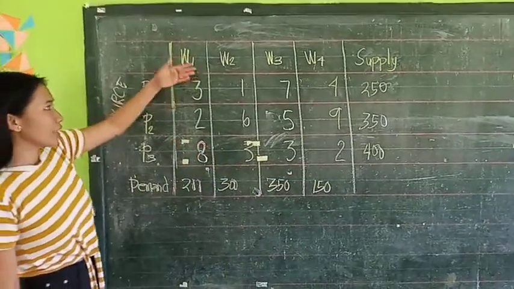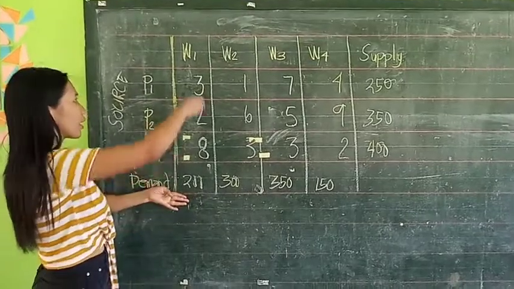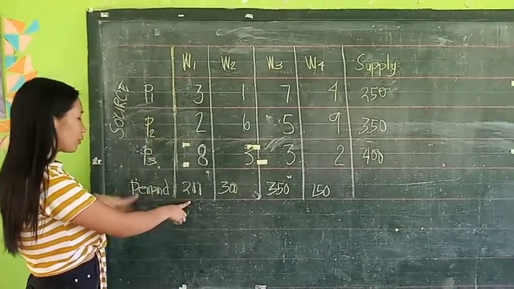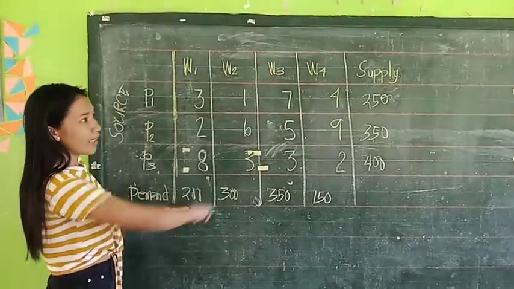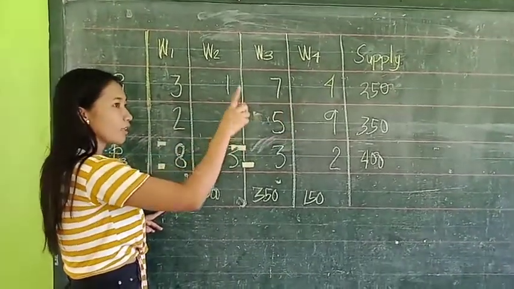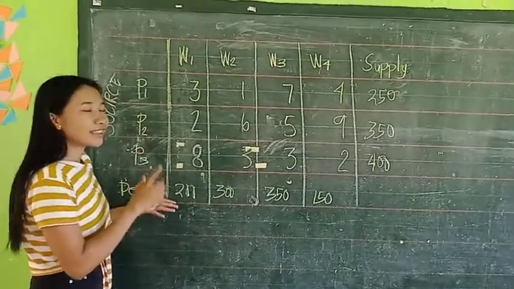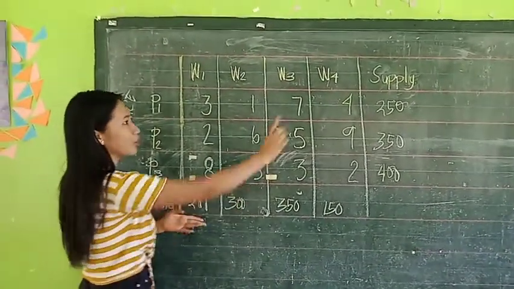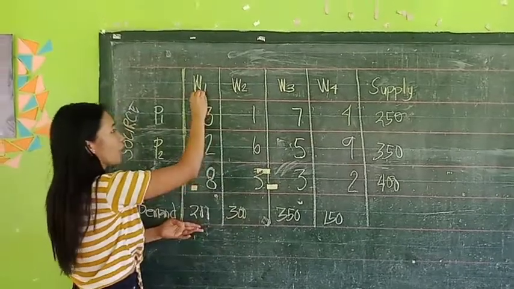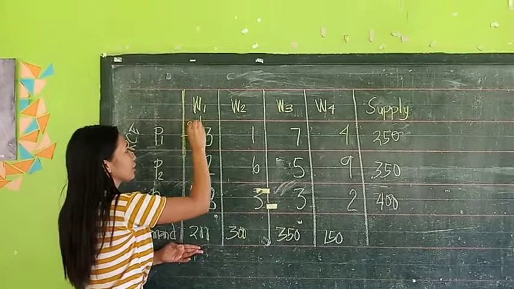So in this table, the demand is 200 and the supply is 250. The demand is less than the supply, so I will allocate the 200 here.